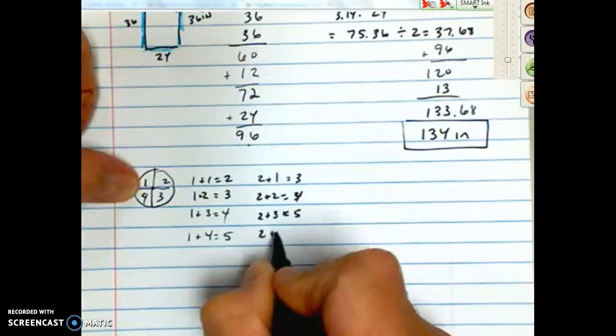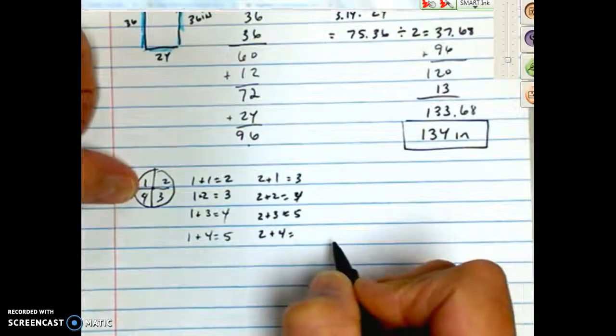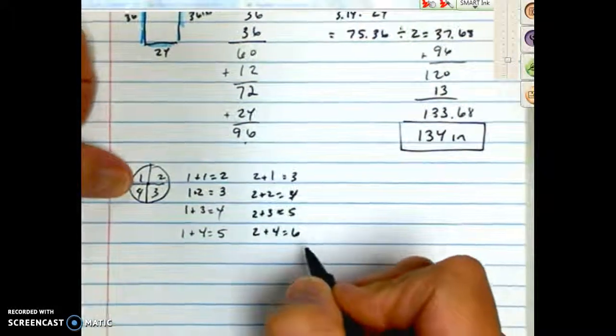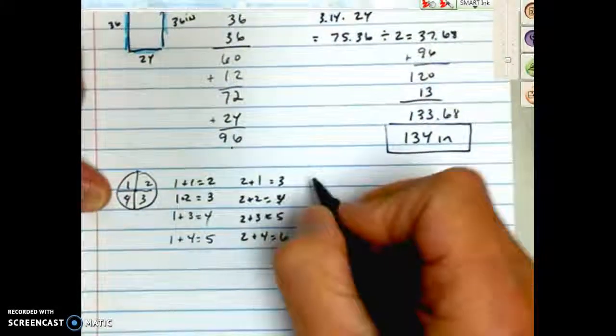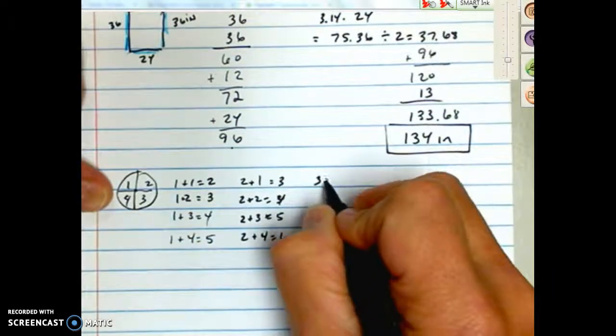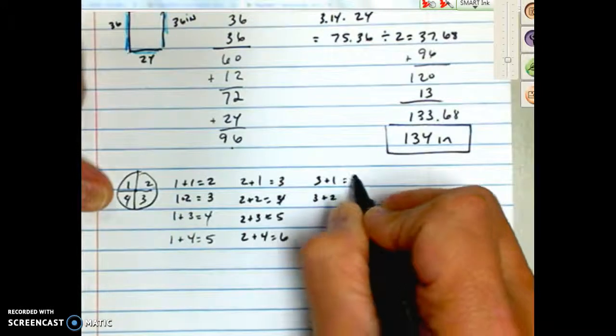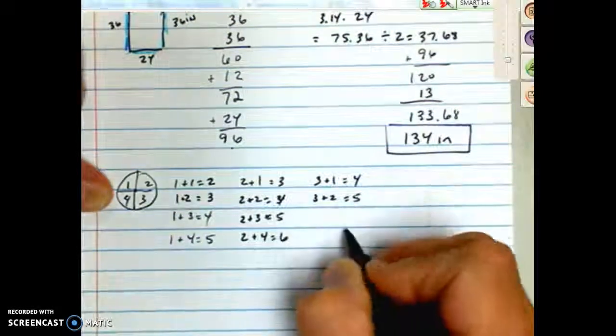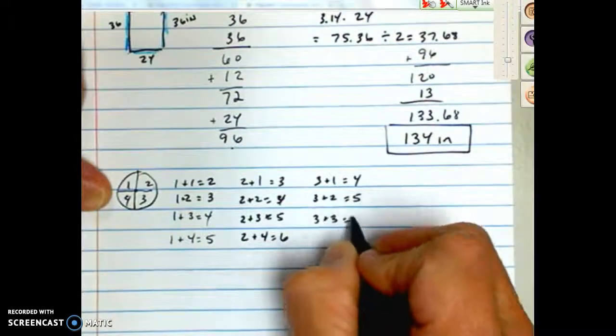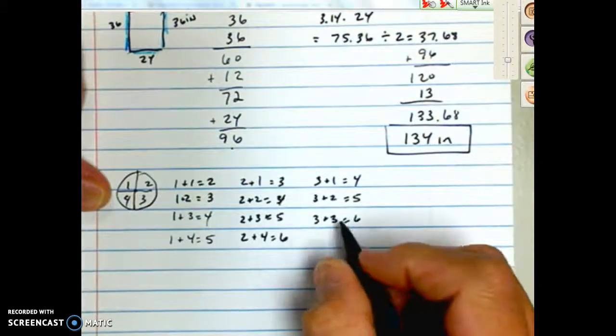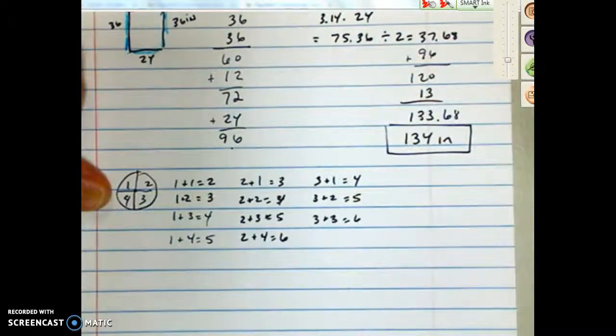A 2 and a 4, which would be 6 if we added them up. And what if we get a 3 on the first spin: a 3 and a 1, and then a 3 and a 2? That would give us a 4, and then 5, a 3 and a 3, which would give us a 6. Keep going. We'll finish this out.